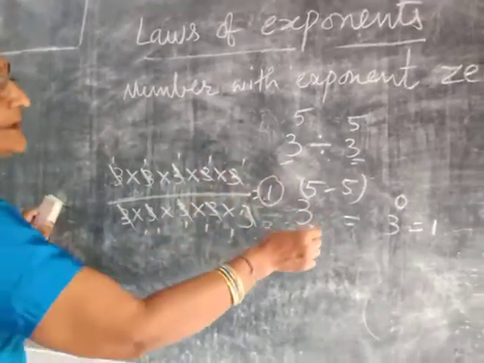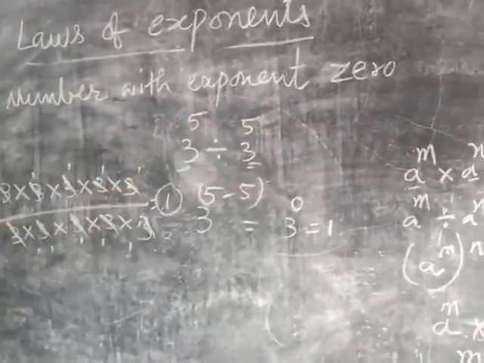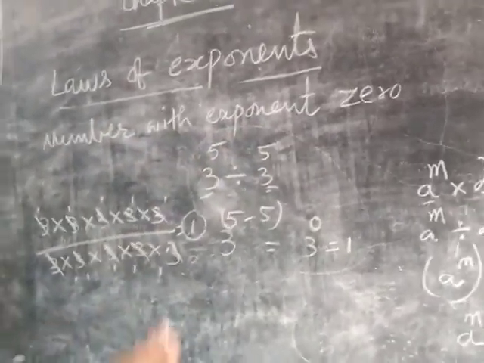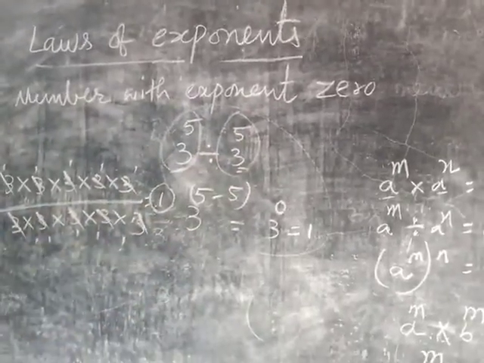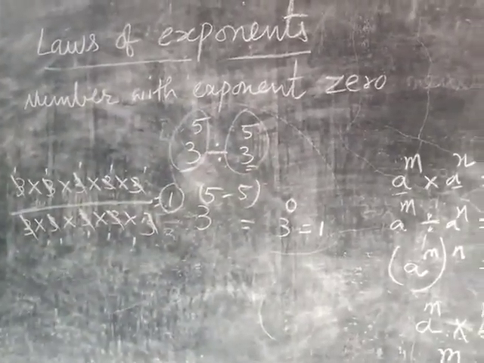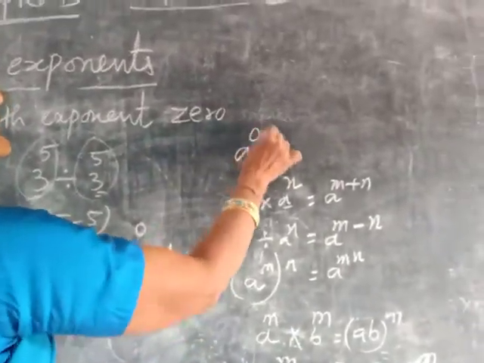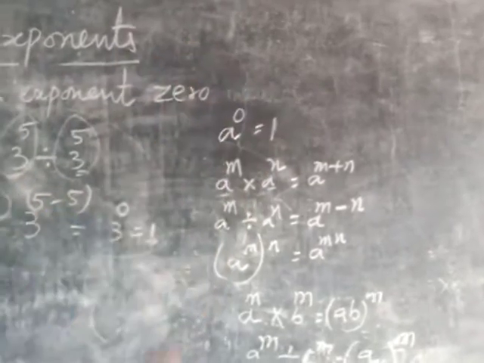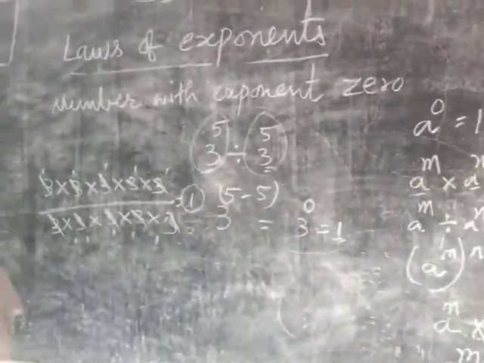So what is a number with exponent 0? If the base and the exponent are the same and you divide, the answer will come 1. So you write the formula: a to the power 0 is equal to 1. Any number whose exponent is 0 is equal to 1.